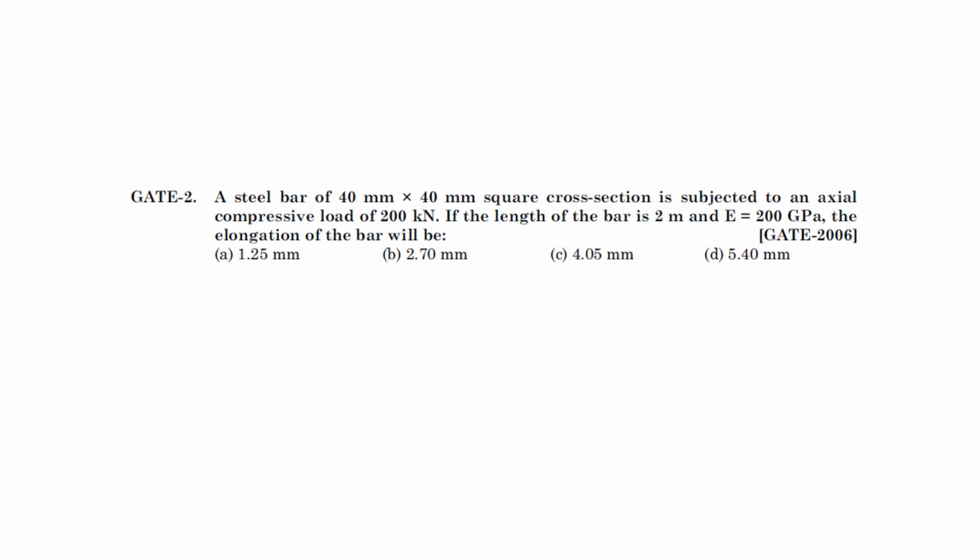We'll go to the next question. A steel rod of 40 mm by 40 mm square cross section is subjected to an axial compressive load of 200 kilonewton. If the length of the bar is 2 meter and E is 200 gigapascal, find the elongation of the bar. Again, delta L is equal to PL by AE, we have to use.